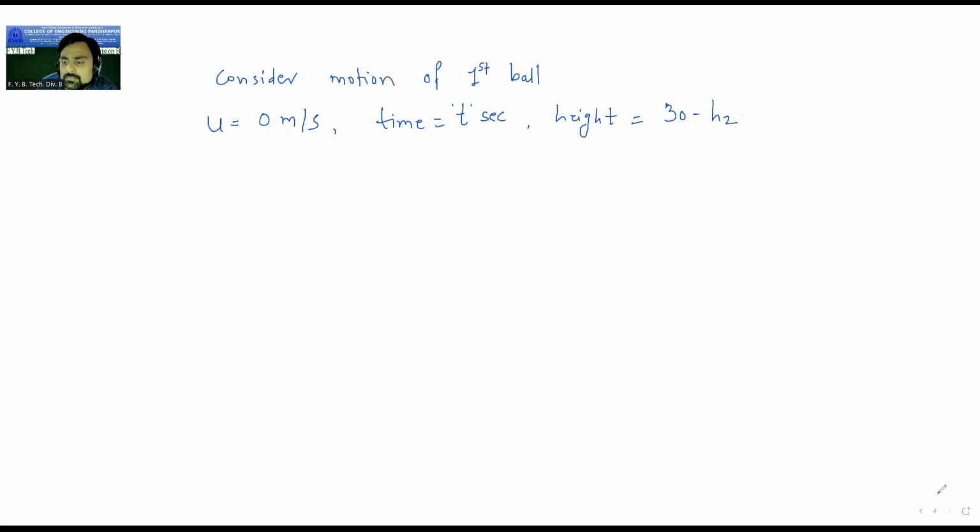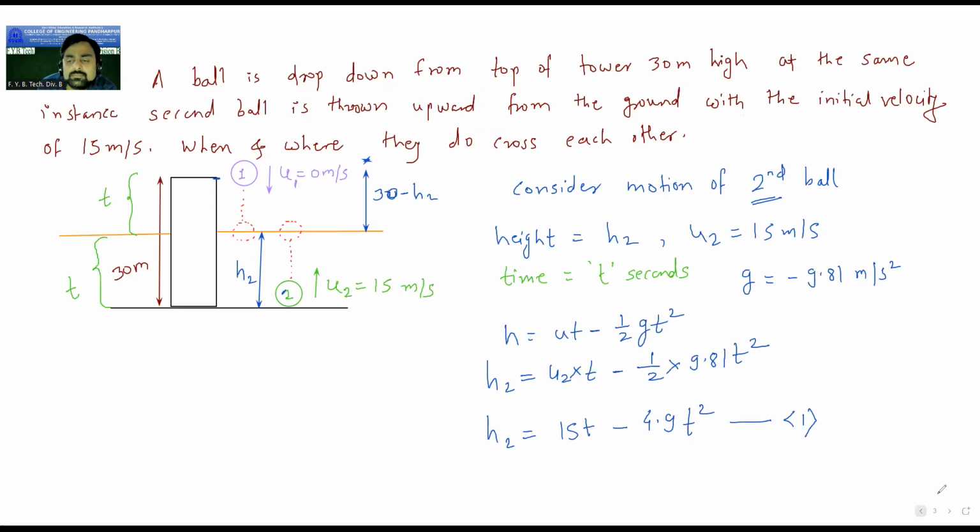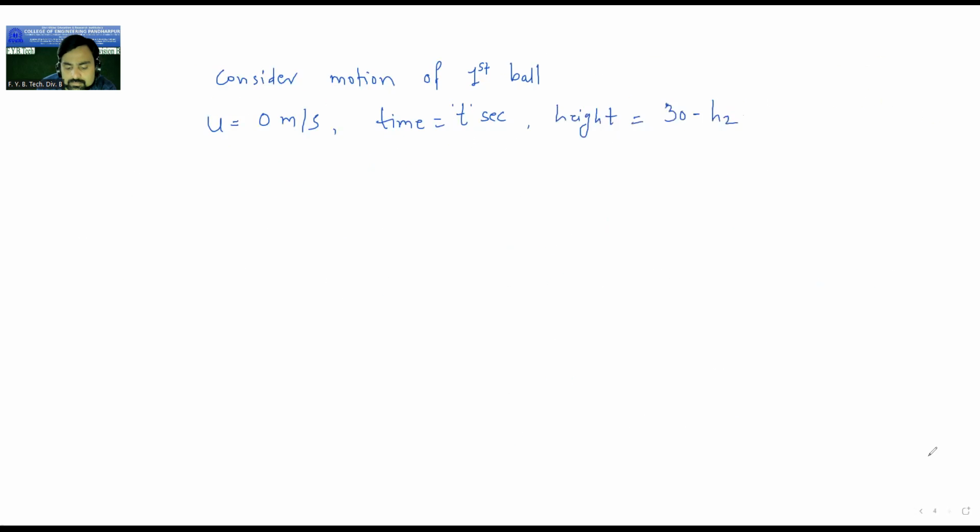This is the height. Okay. And then what is the value of g? g is 9.81. So here h is equal to ut plus half gt square. So here g is plus because it is moving down.